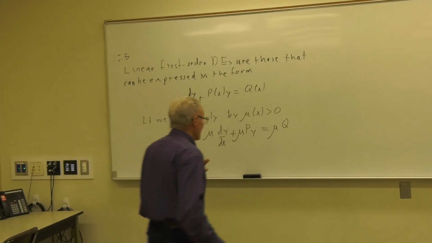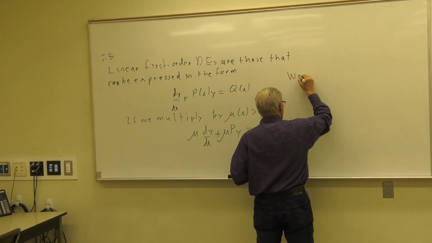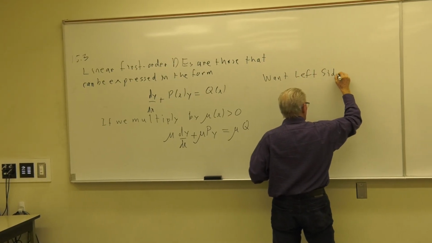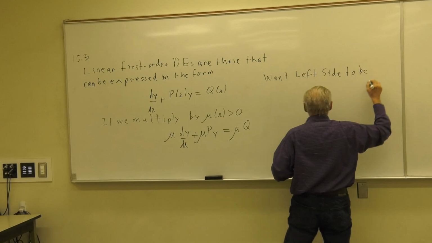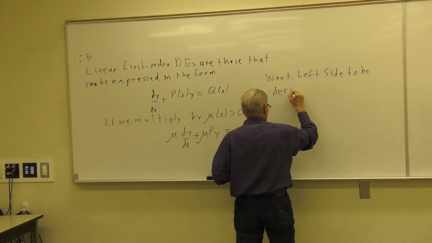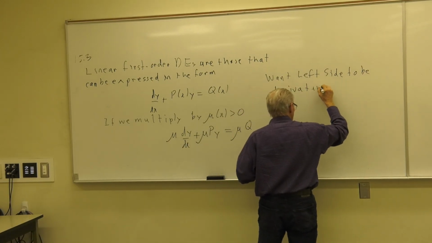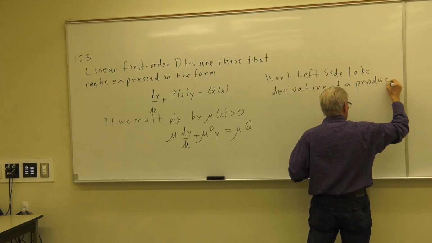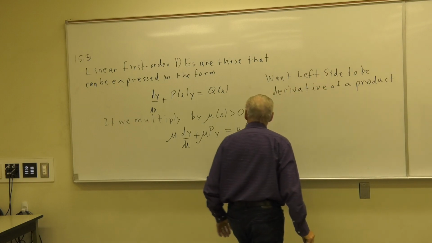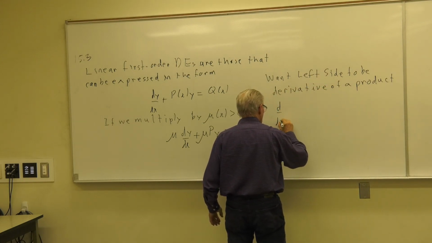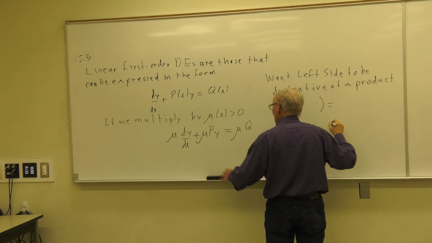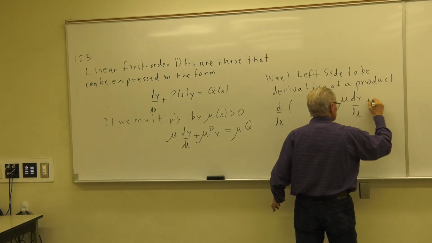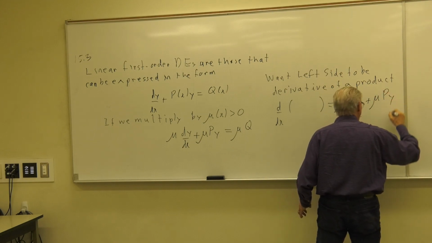We want the left side to be the derivative of a product equal to mu dy/dx plus mu p y.